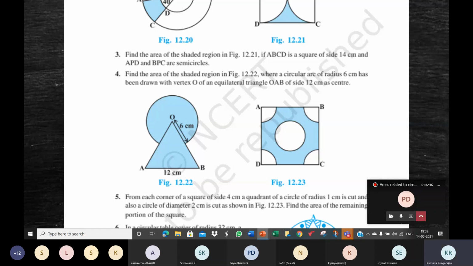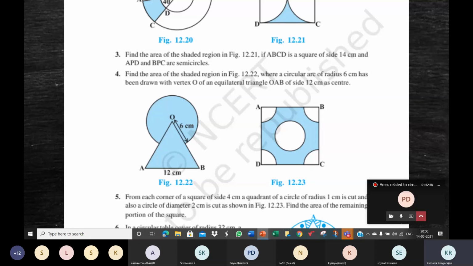And how do we find the area of the triangle? Root 3 by 4 side square. So root 3 by 4 into 12 into 12. That's all. Find the area of the triangle, find the area of the major sector.